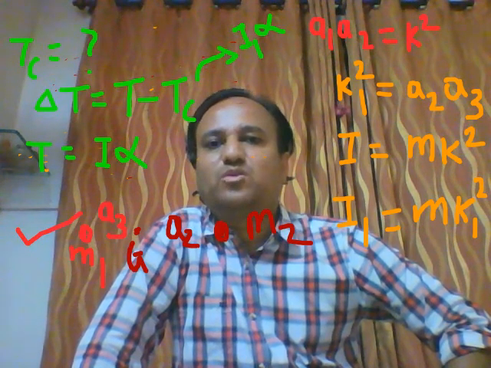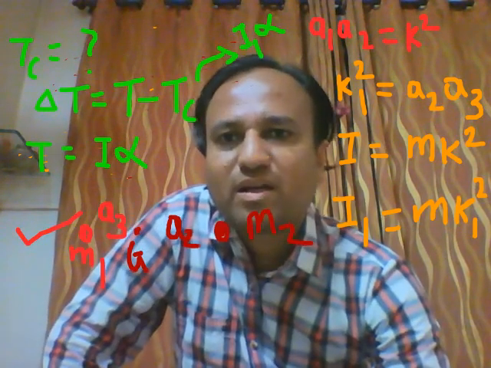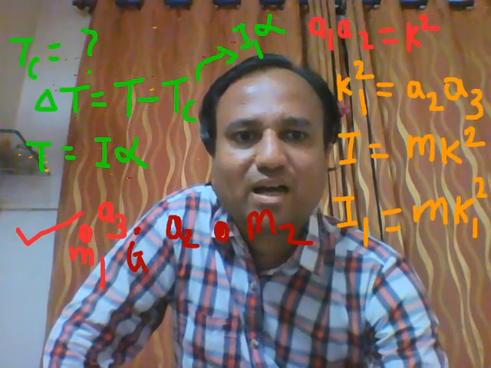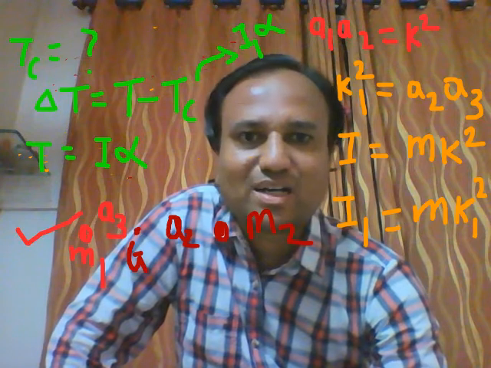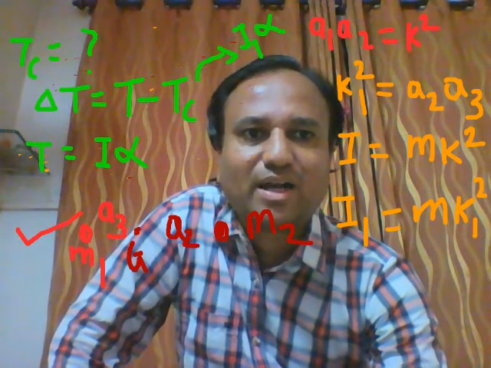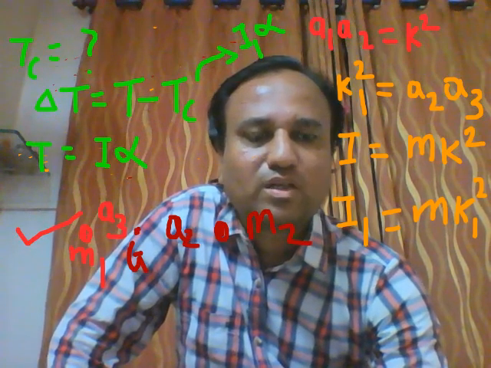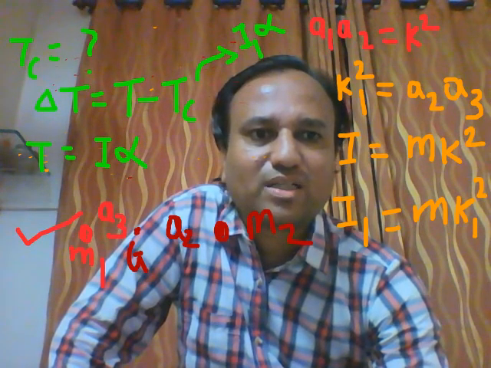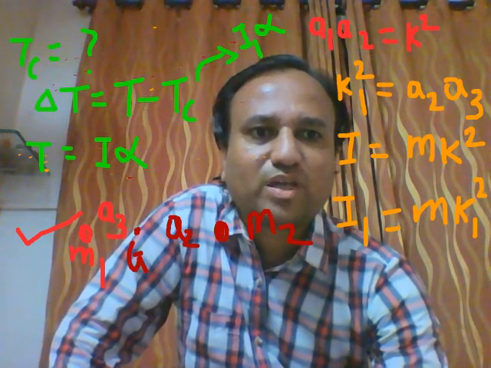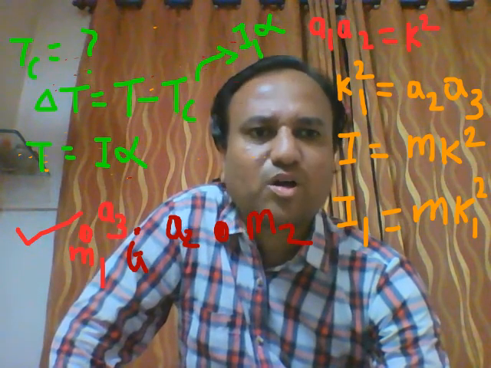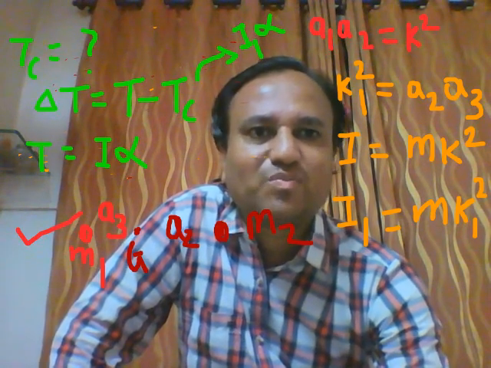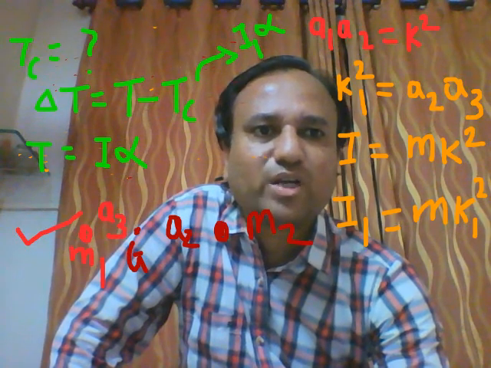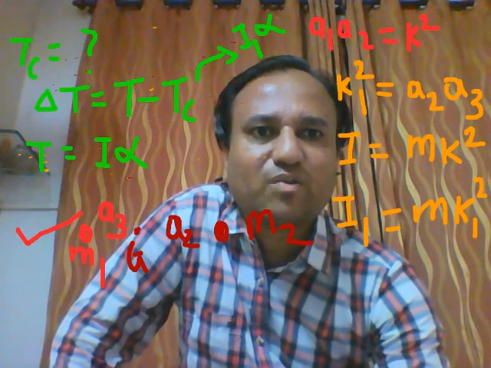So student, substitute the value of T and TC. Substitute the values of I and I1 in the delta T equation. After substituting I and I1, that is mk square and mk1 square, again substitute the values of k and k1, that is k1 square is equal to a2 a3, k square is a1 a2.